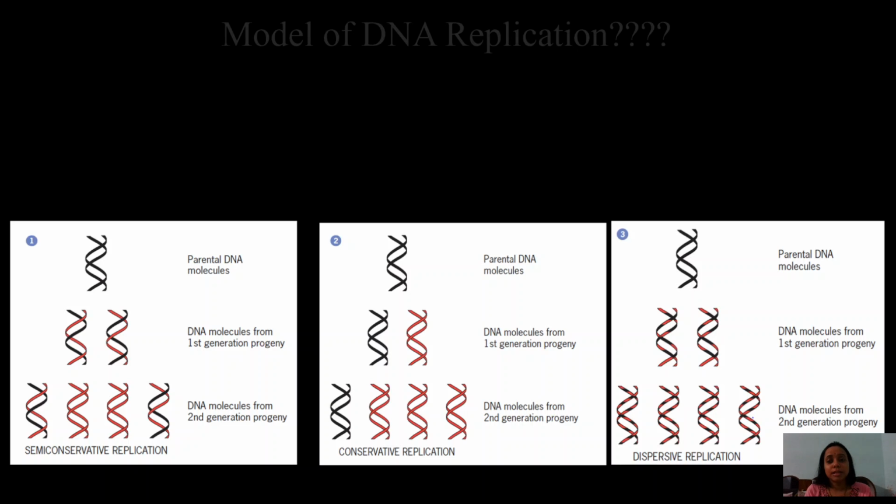You can see that it has produced these two structures and then further produced these four different structures. All are dispersive in a way that they have a mosaic pattern of having the older DNA molecule and the newer DNA molecule.